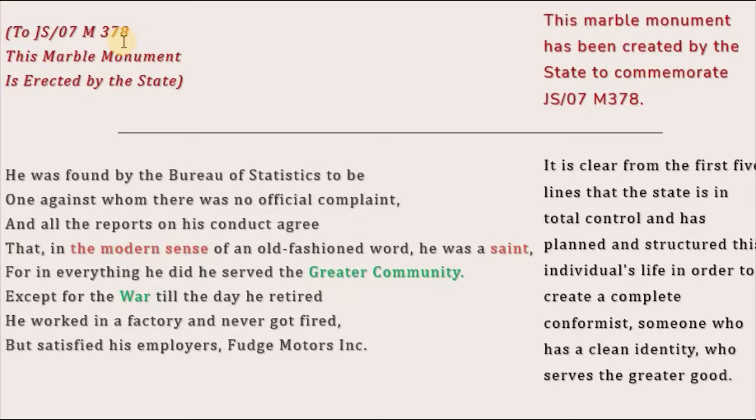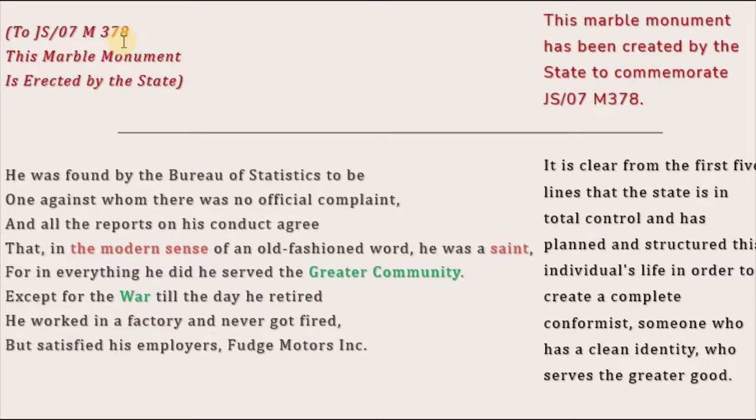So this can lead us to conclude that the government deals with people not like real people who have clear and identifiable names. The government deals with them as just, let's say, items, and it gives them numbers and codes. This citizen, this person, has a code. Instead of referring to them by their names, we refer to them by the code, JS07, which means nothing, by the way.